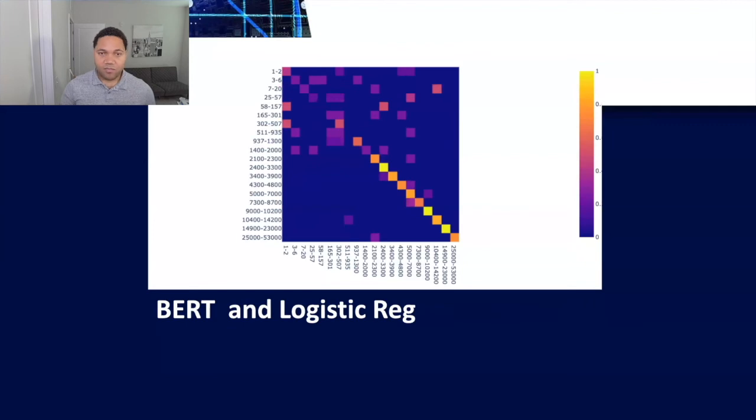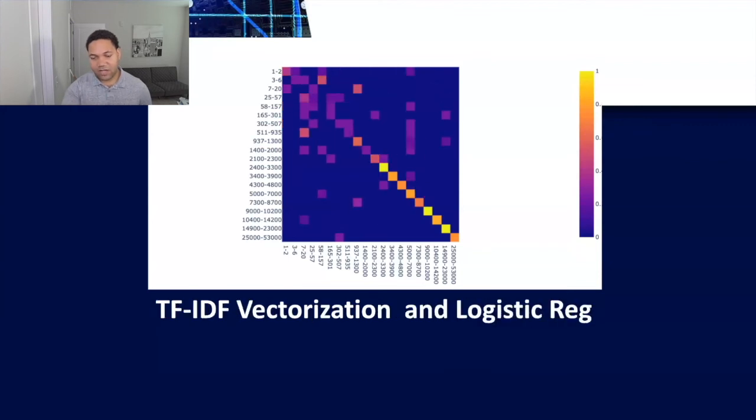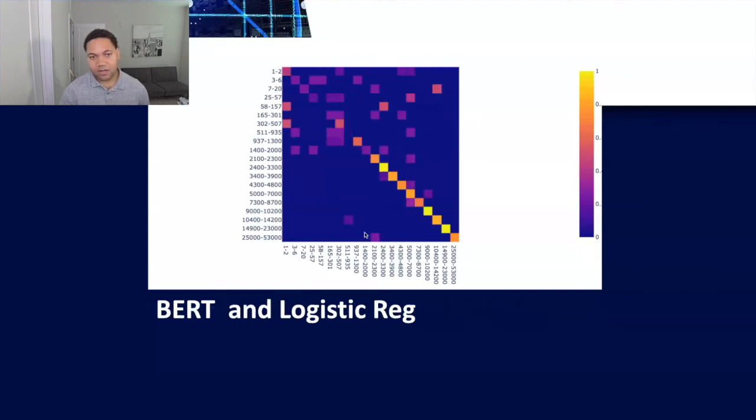And then we have BERT and logistic regression. This is again a little interesting. So this is BERT logistic; if I go back, this is TFIDF and logistic. Note here, we're missing some values. Or rather, these misclassified values aren't really there. We have some here, but we're doing better.